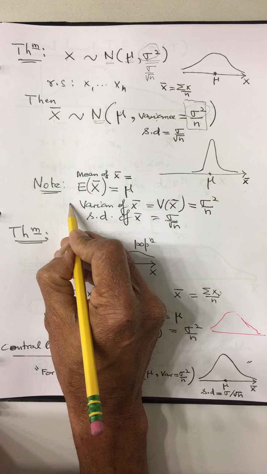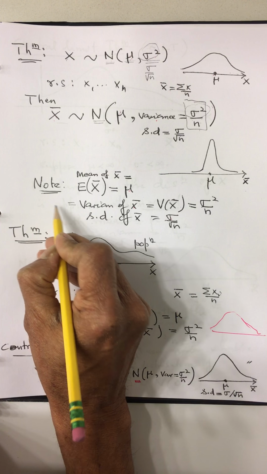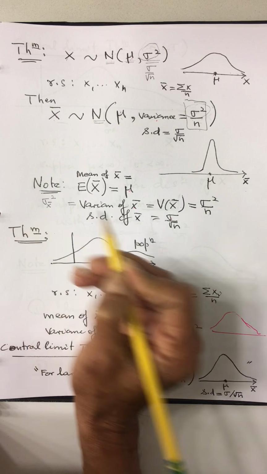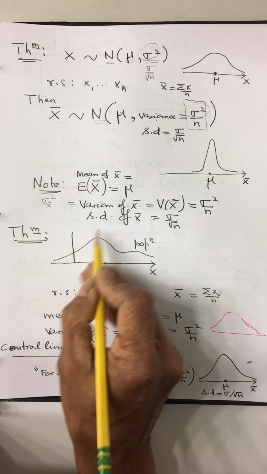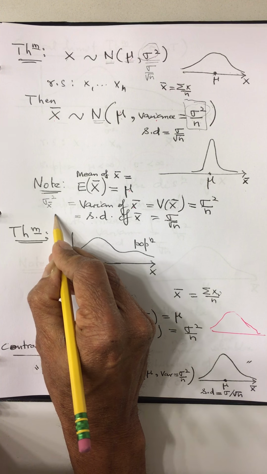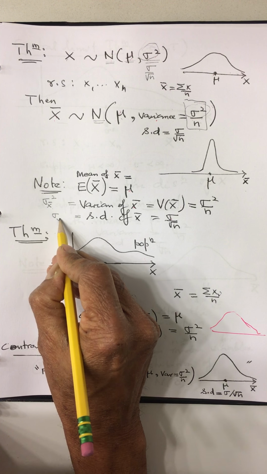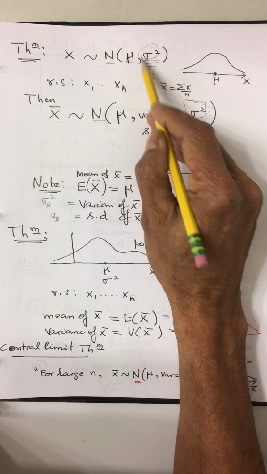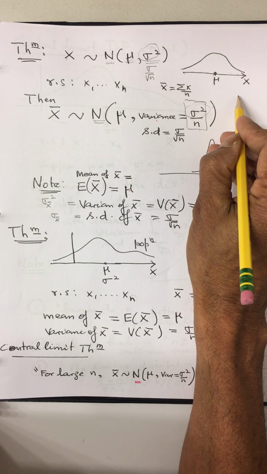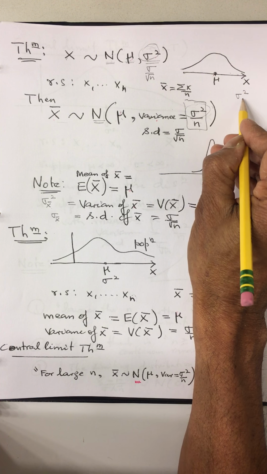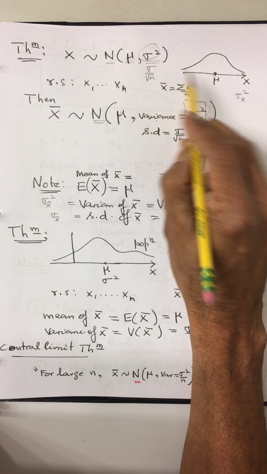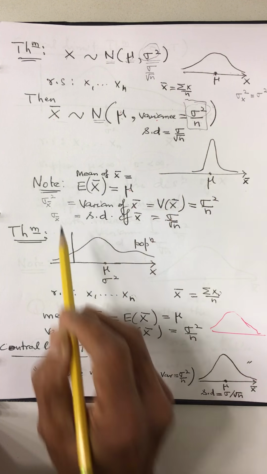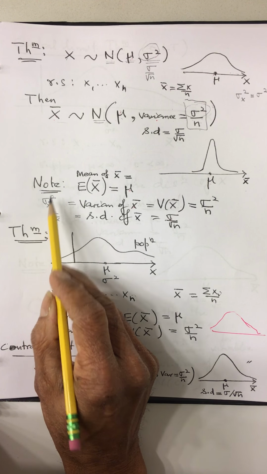So this is the variance, sigma square of X bar, and this is the standard deviation, sigma of X bar. When you write sigma square over here, you are saying that the variance of X is sigma square. Okay, so this is the variance of X bar.